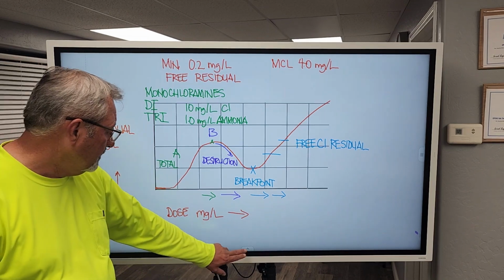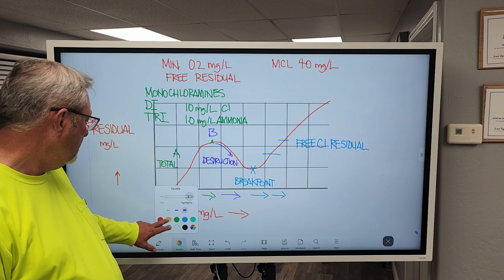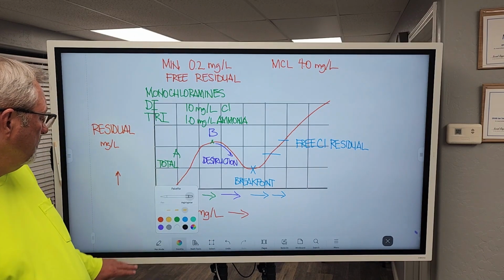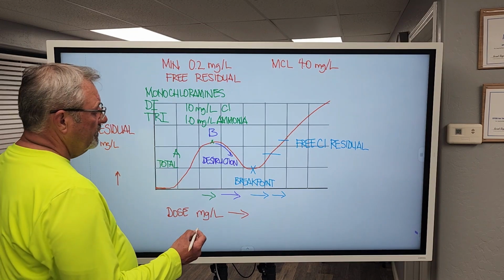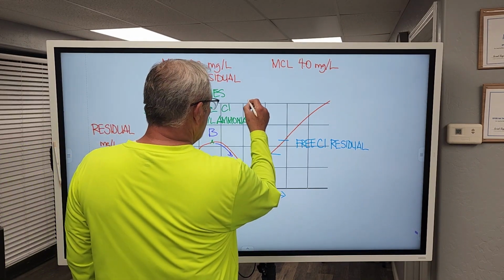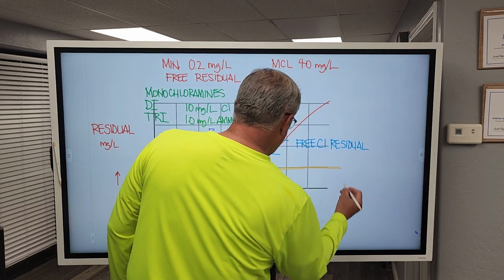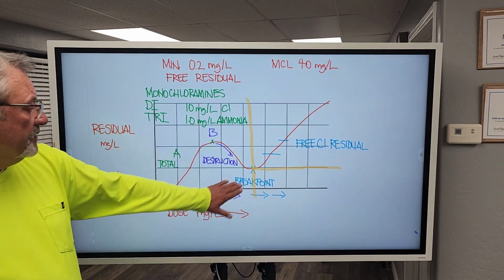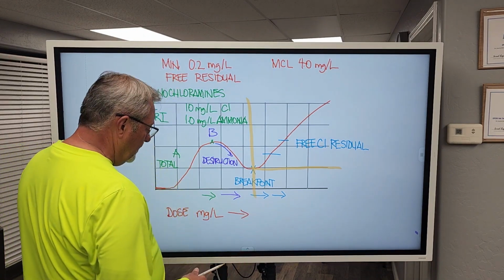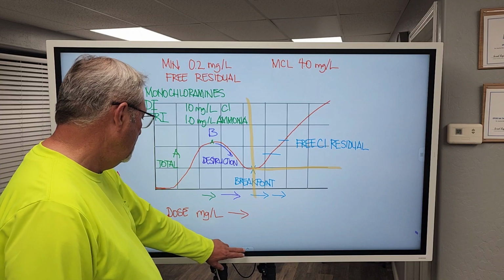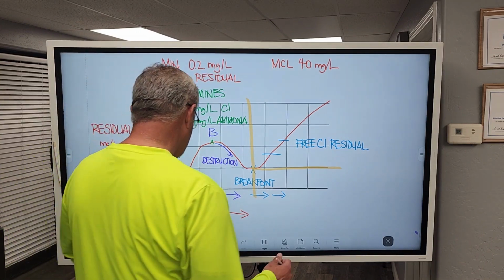Now the interesting thing here too is, let's go to highlighter in yellow. At the breakpoint, you're going to see that there is a combined residual.